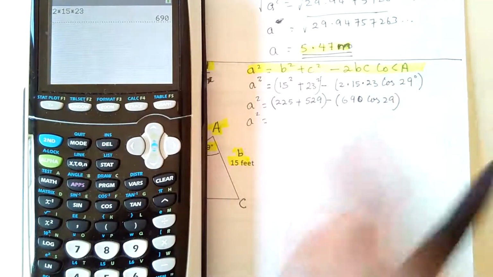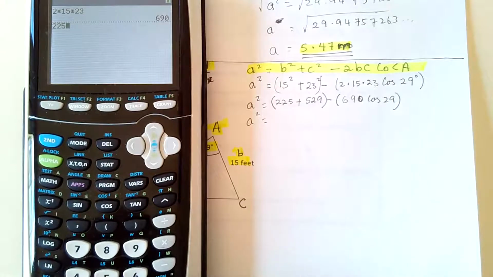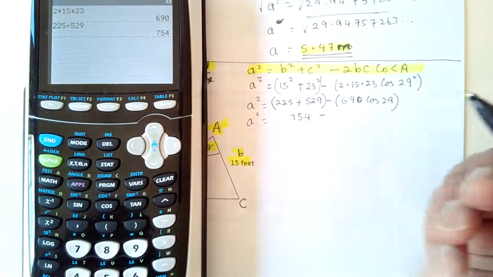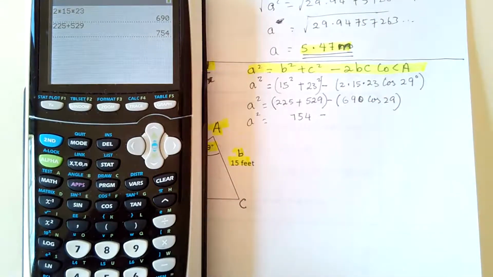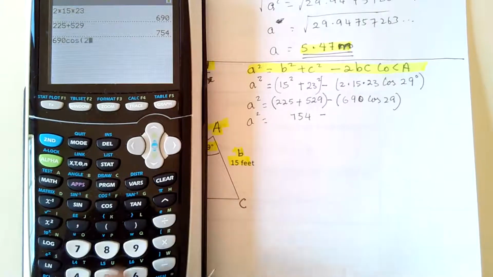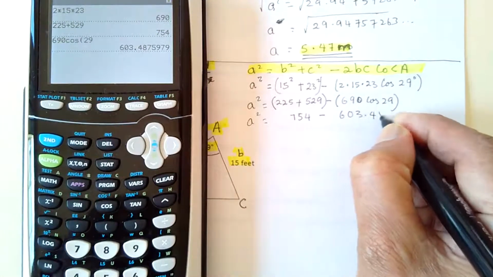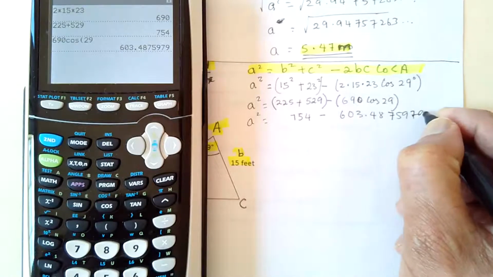So 225 plus 529 is 754. 690 cos 29 is 603.4875979.